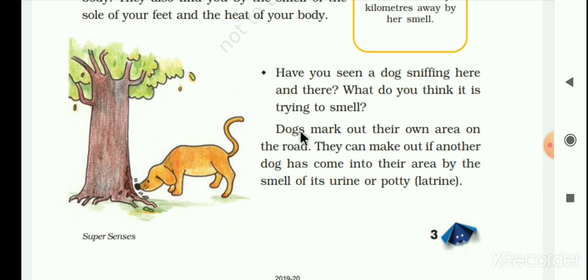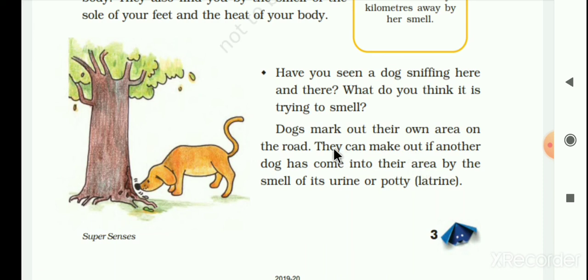Okay. Dogs mark out their own area on the road. Do you know? Dogs mark out their own area on the road, right? They make their own maps on the road, which you cannot see. They can make out if another dog has come into their area. Sometimes you may observe nearby that if a dog from another area comes to your area, then your area's dog barks aloud and makes him go away, right?